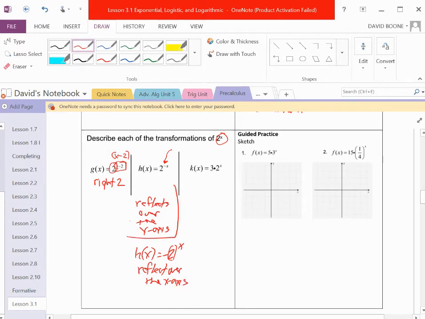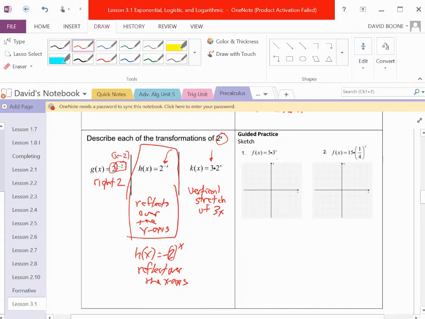But for this one here, we reflect over the y-axis. This last one here, we've got a number out front. So that talks about how we're going to stretch things vertically. So this is a vertical stretch of 3 times.